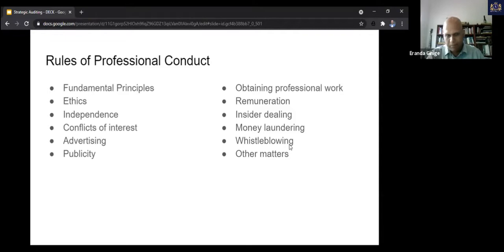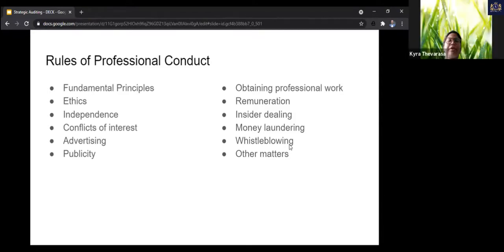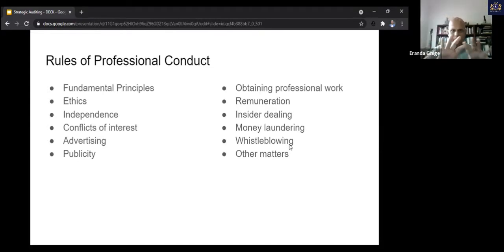Right? So let's go through one by one. You have fundamental principles. I sort of broke them down like this: ethics, independence. What are the conflicts of interest that could occur? How do auditors advertise and publicize themselves?